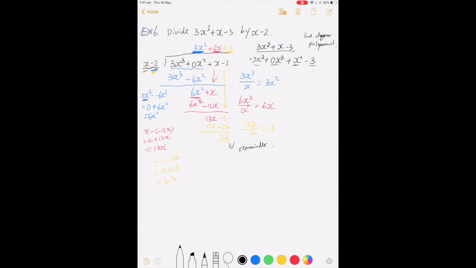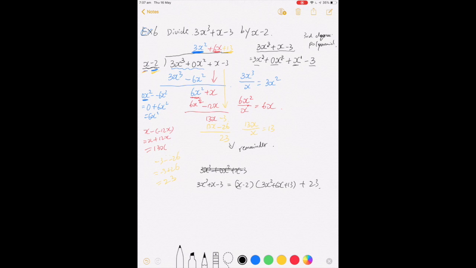Now we can write the two forms that we got before. For this part you don't have to write the missing term anymore. The original dividend 3x cubed plus x minus 3 is equal to the divisor x minus 2 times our quotient 3x squared plus 6x plus 13, plus one remainder, which is 23.